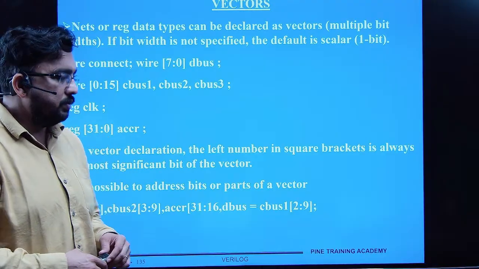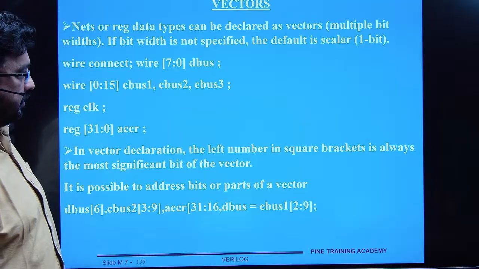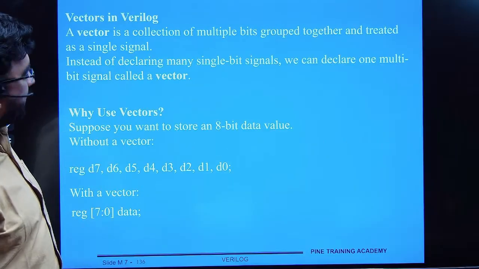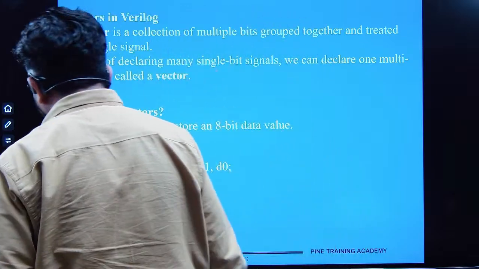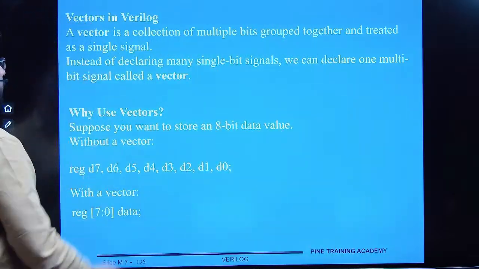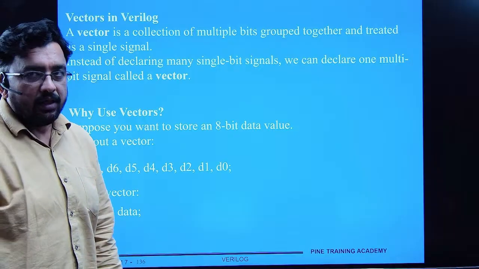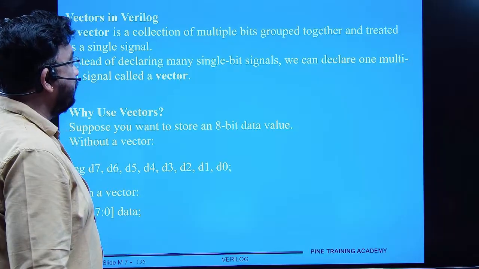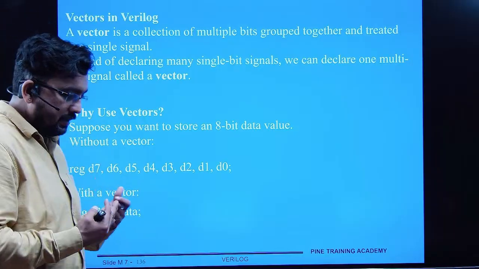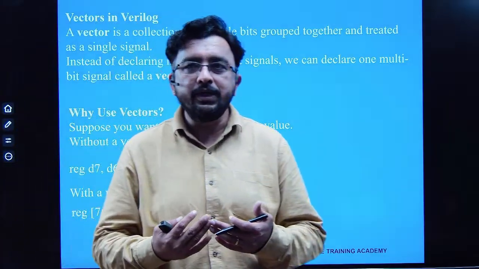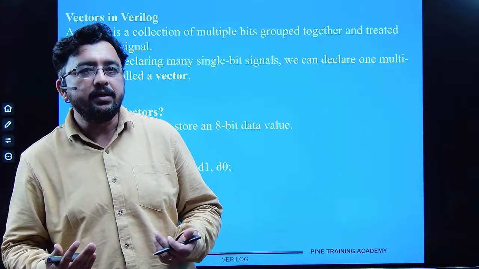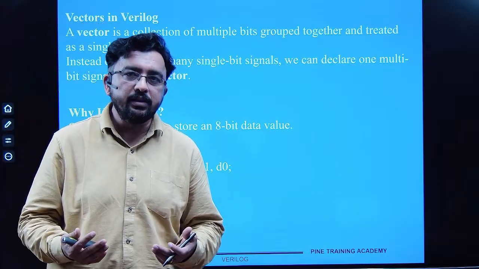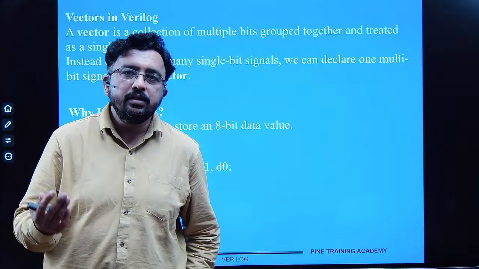So let's start with today's topic, vector. Let me explain line by line. A vector is a collection of multiple bits grouped together and treated as a single signal. For example, a 4-bit adder, an 8-bit adder, a 4-bit subtractor, an 8-bit subtractor, or a 10-bit mux.